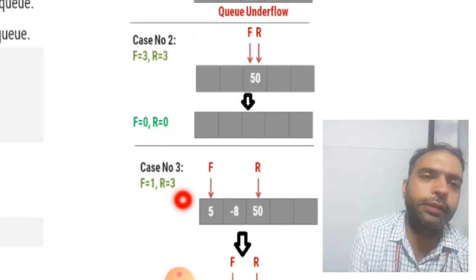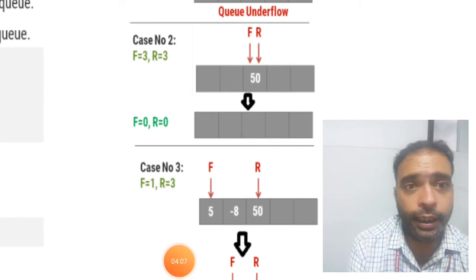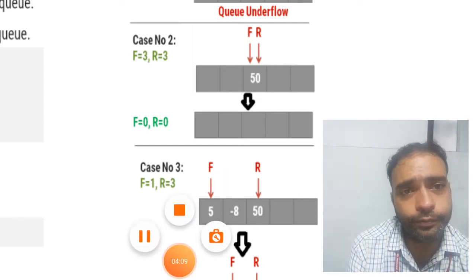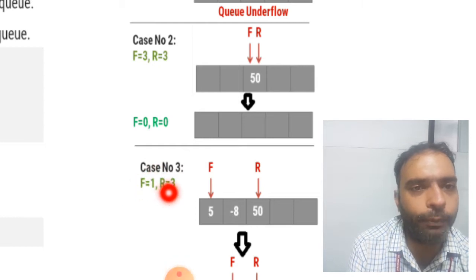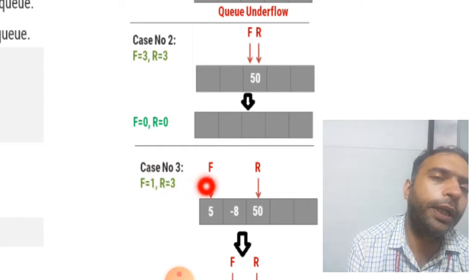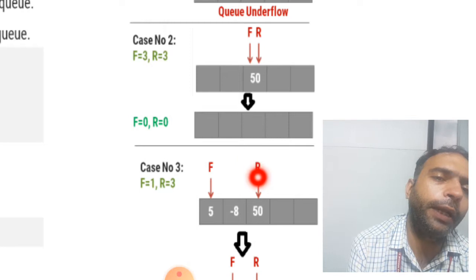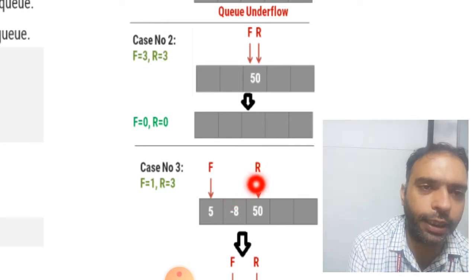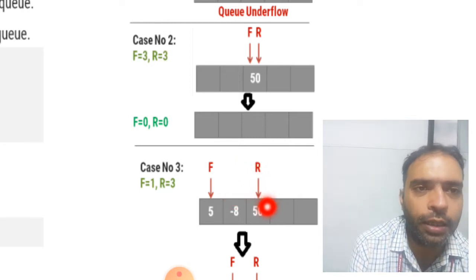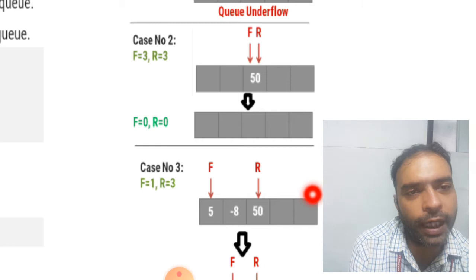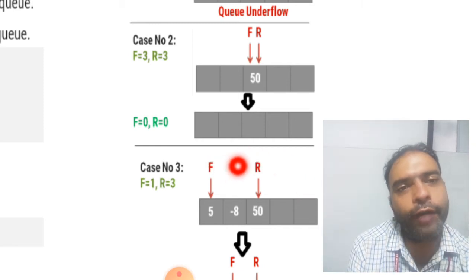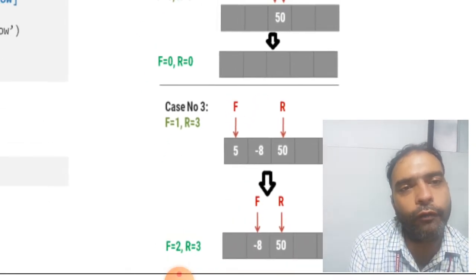And after that, case 3: here f is equal to 1 and r is equal to 3. Here the front end is given, and again the elements are entered, that is -8 and 50 one by one. So the last value is 50 now, that is entered. The new value will be entered here, then the next will be entered here. So when I want to delete, what will happen?